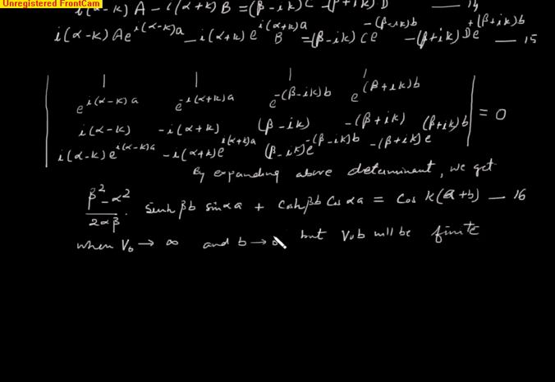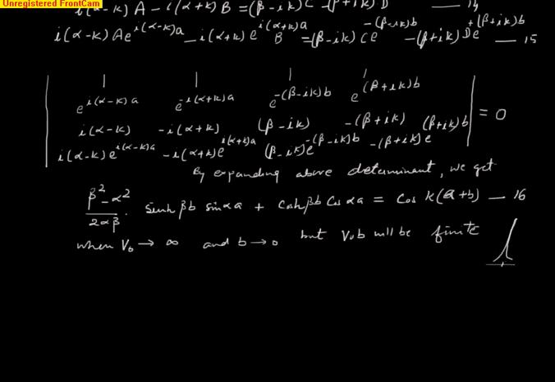Otherwise, mathematically, if it is infinite and you multiply by b, then it is an undefined term, but we'll say that it is a finite term, and this property may be considered as a Dirac delta function, and the potential barrier just becomes like a Dirac delta function. That means at this point it becomes infinite, but the whole value in this range will be finite.